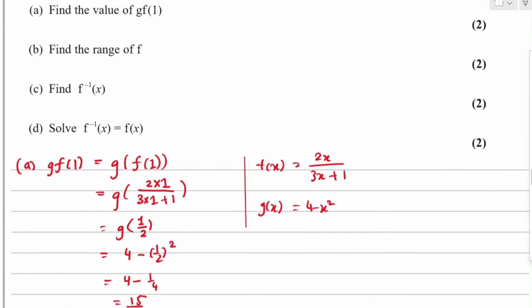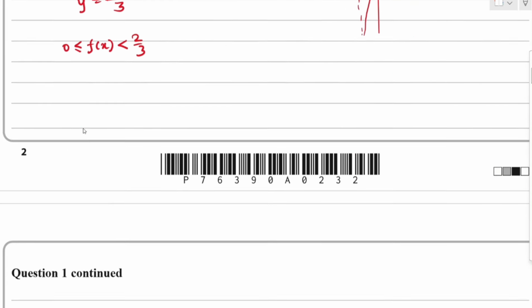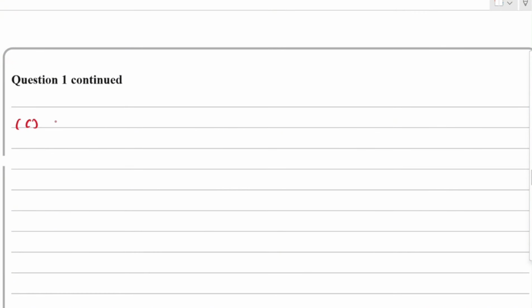we can see the question that we have to find the inverse function of f. To find the inverse function of f(x), we will first assume that f(x) is equal to y. This is for the convenience of our calculation. So we know that f(x) is equal to 2x divided by 3x plus 1.